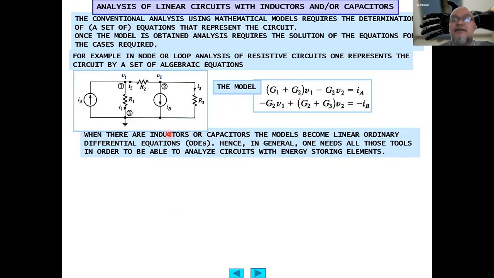Because of the capacitance law and the inductance law, which are usually expressed in differential form or integral form. They can be simplified into linear ordinary differential equations. Hence, in general, one needs all those tools from differential equations in order to analyze circuits with energy storing elements.